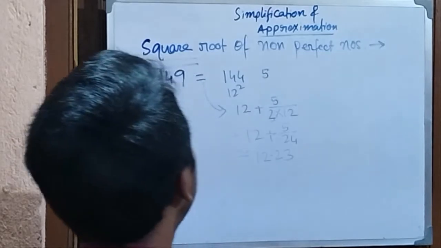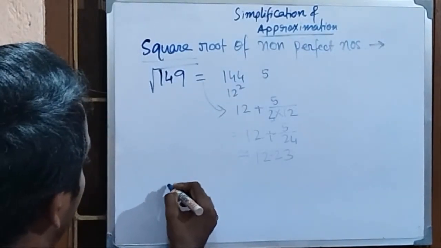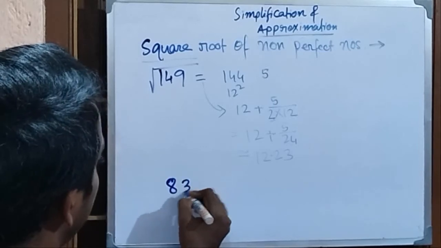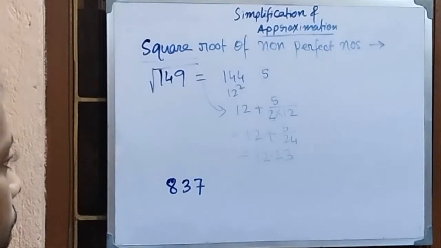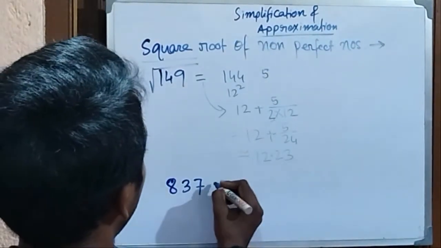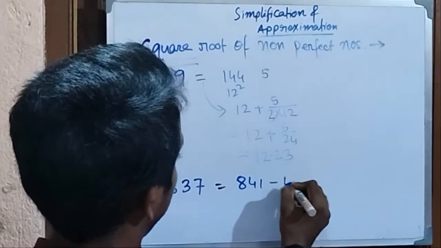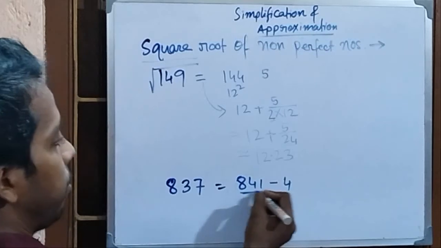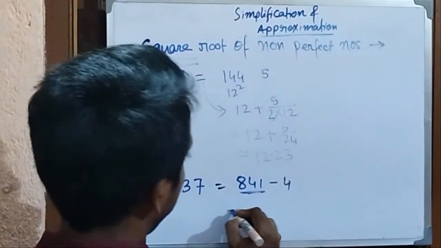Right, the next example I am taking here is 837. This is 841 minus 4. 841, can you recall this number? 841 is the square of 29, right?